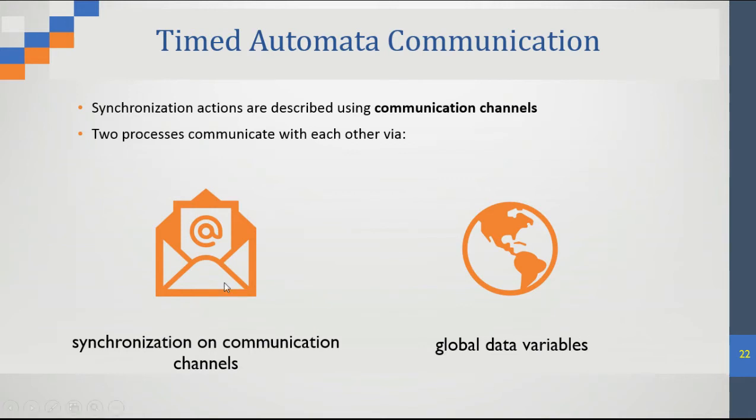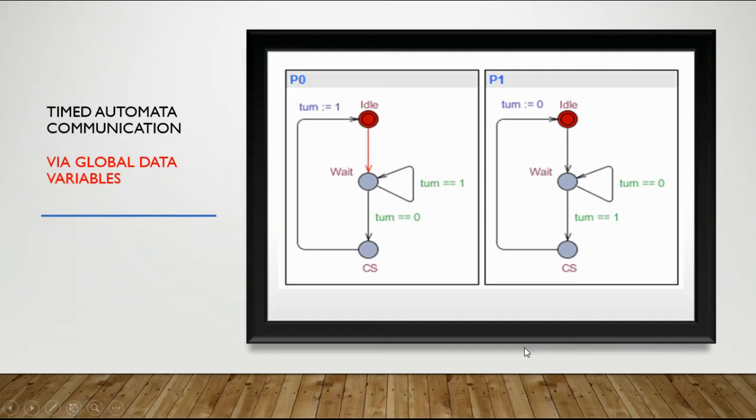We start with global data and see how we can use global data to communicate between timed automata. Let's see an example for using global data in timed automata.